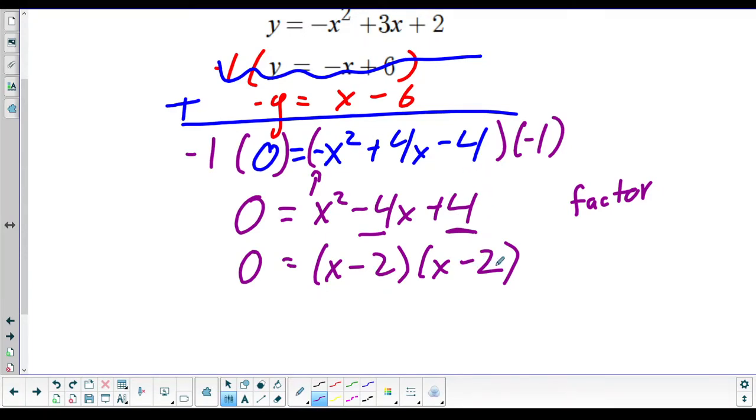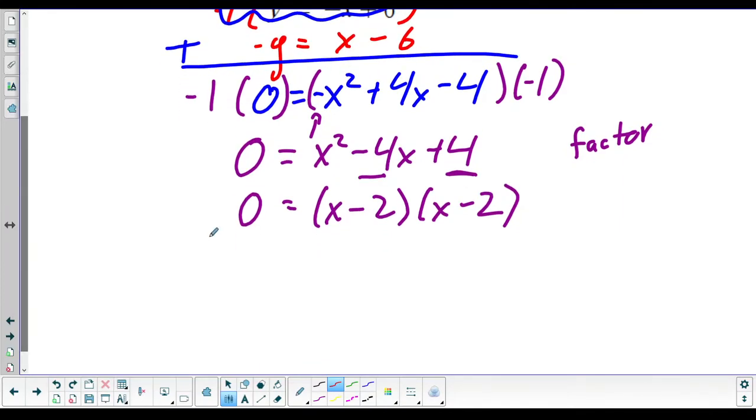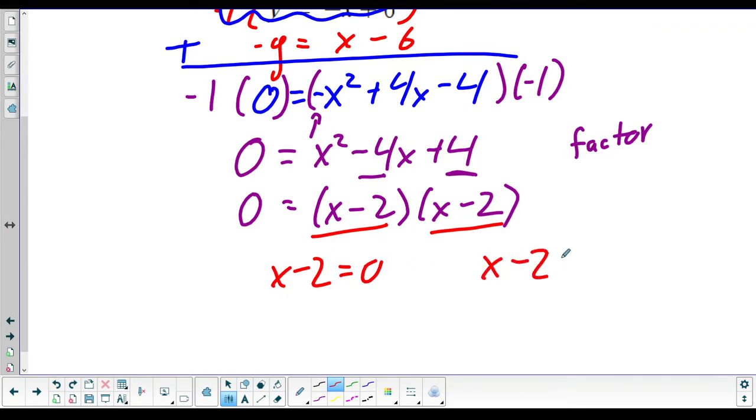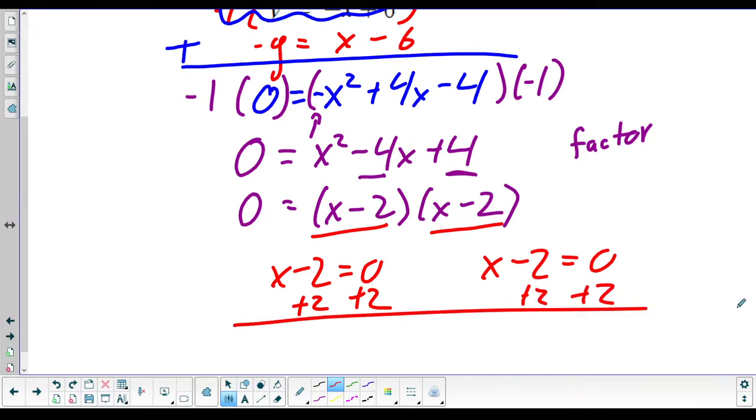Negative 2 minus 2 is negative 4. So we factored correctly. Now same thing, set your factors equal to 0. X minus 2 equals 0. X minus 2 equals 0. Add 2. We get x equals 2, x equals 2.